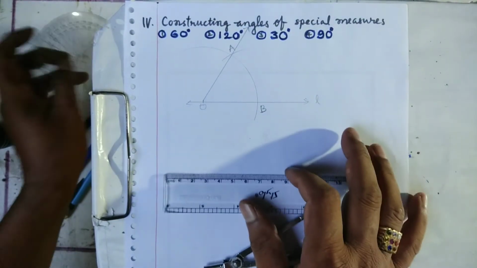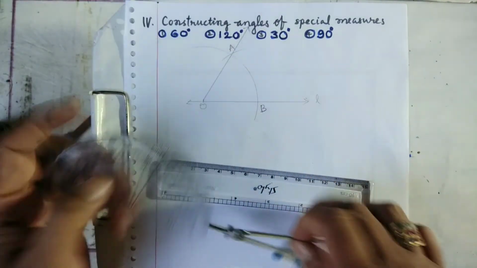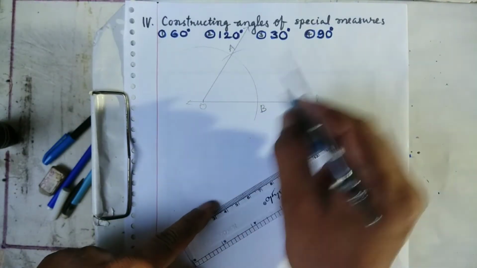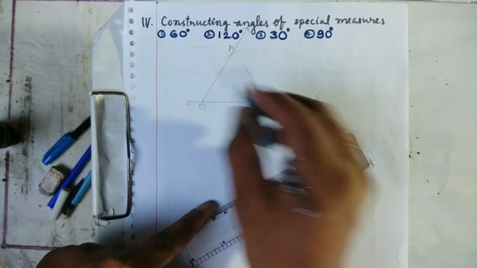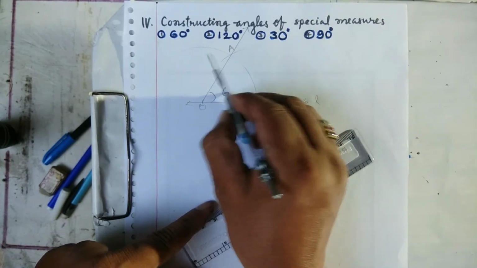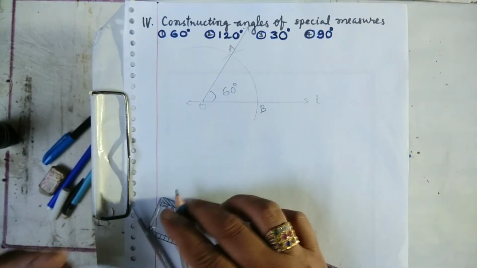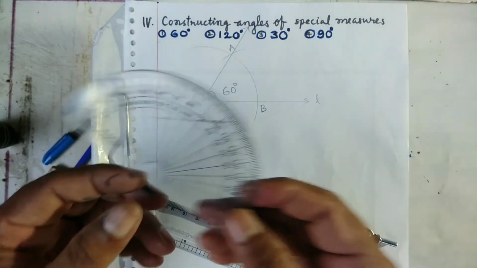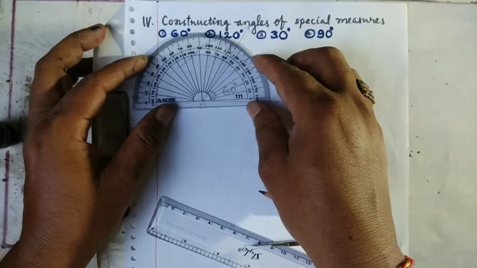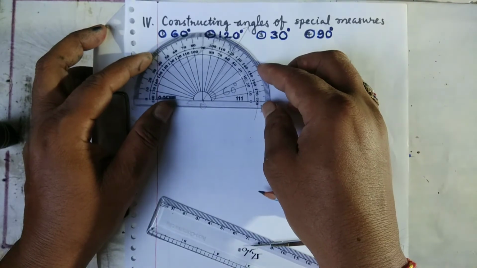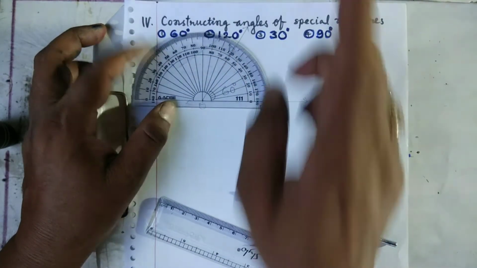This AOB gives 60 degree. If there is any doubt, we can measure it. So 60 degree.